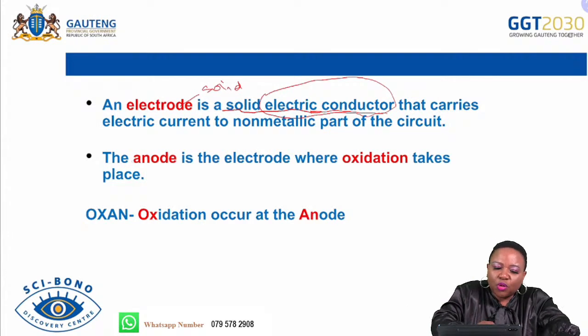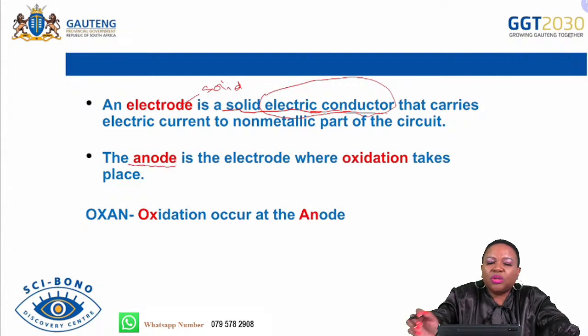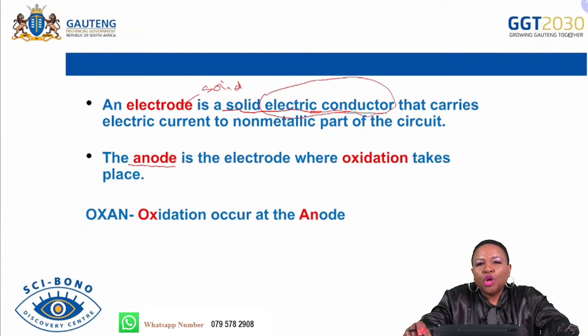Now there are two types of electrodes that we have: the anode and the cathode. So we need to know what type of reaction occurs in each electrode. Remember, we are going to make two reactions occur at the same time, whereby one is losing electrons and the other is gaining electrons.